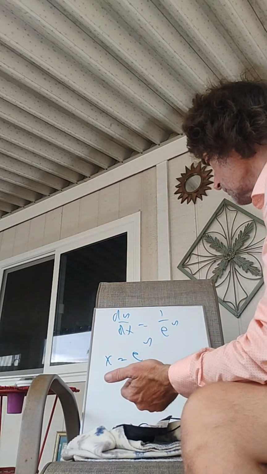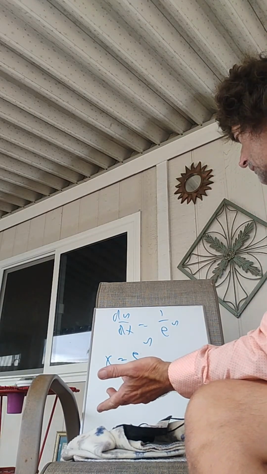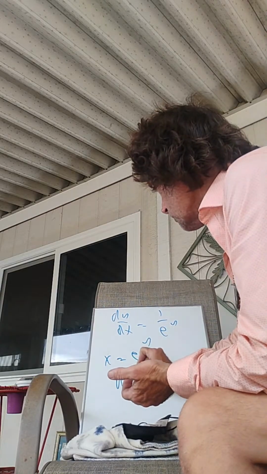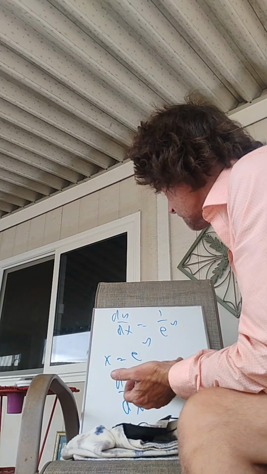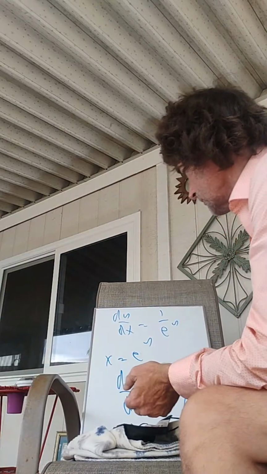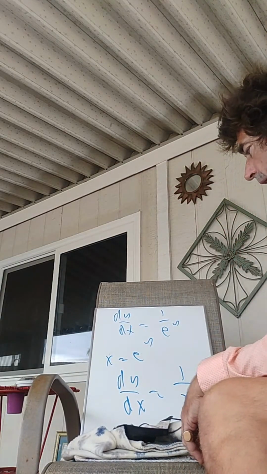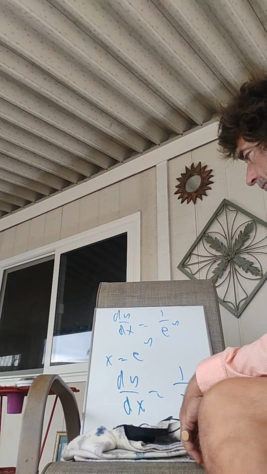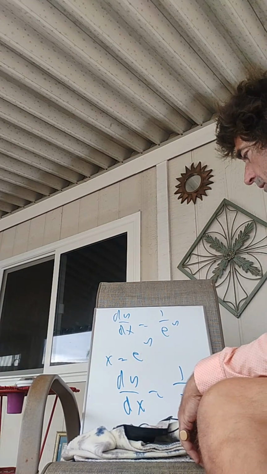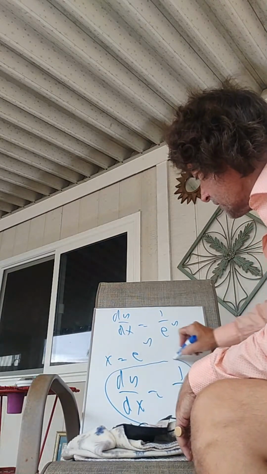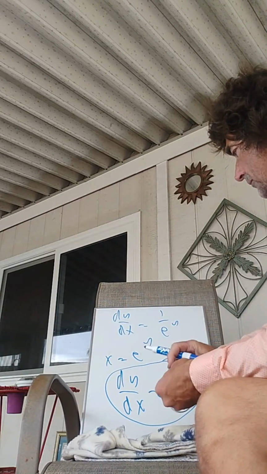It's x. That's the whole thing. So then I have dy/dx equals 1 over x, and that is the derivative of logarithm of x.